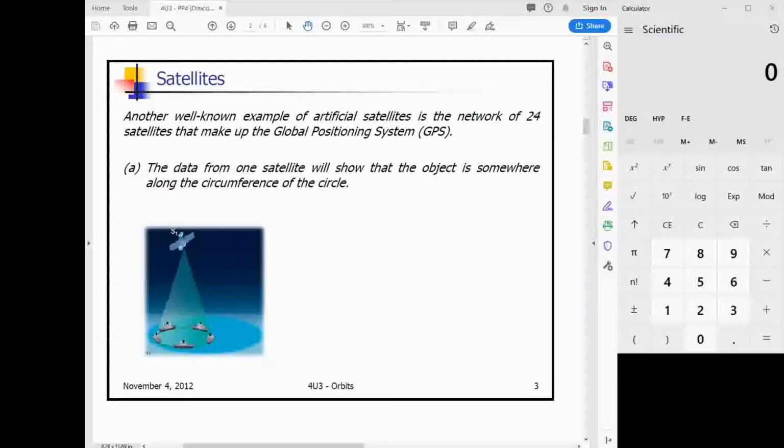They are accurate within, I believe it's 5 meters to, I think they can go as close as 10 centimeters, something like that. So they could get very accurate. And how these satellites work is that at any point in the globe, you have a minimum of 3 satellites that are covering that area.